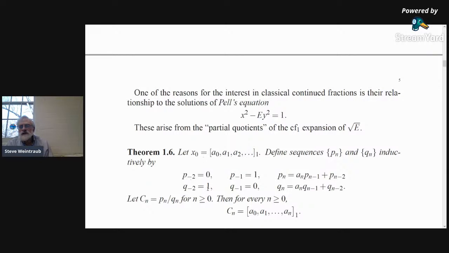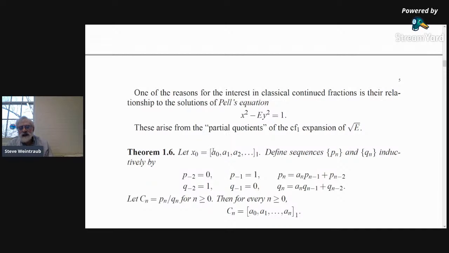We make a similar definition for the q's, with different starting values but a similar recursion: q sub n is a sub n times q sub n minus 1 plus q sub n minus 2. And if you let c sub n be the quotient p sub n over q sub n for n at least 0, then c sub n really is the nth convergent.